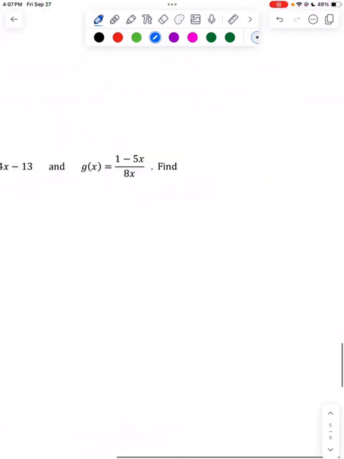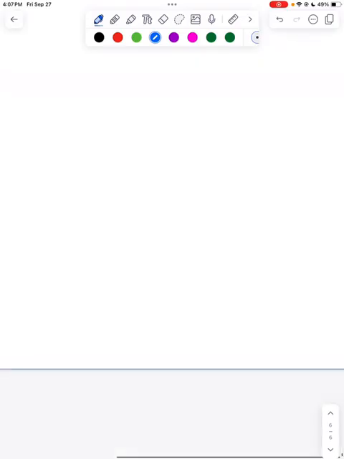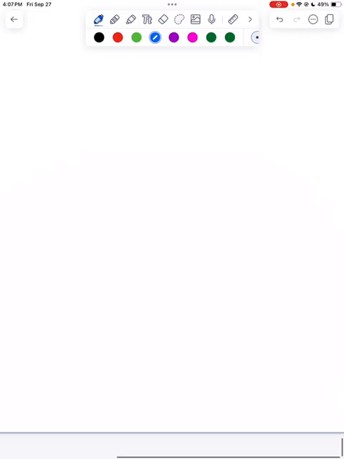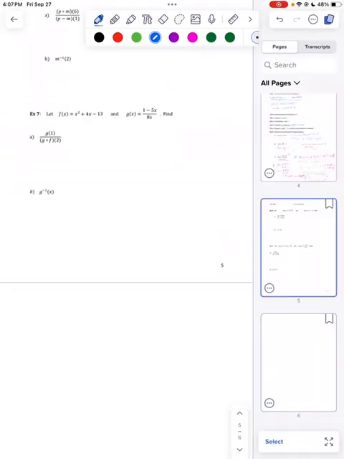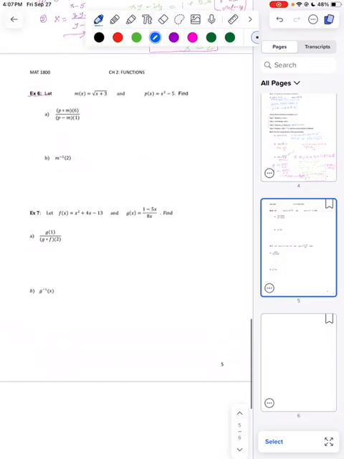So we have the function P and the function M. The question is asking us to find this quantity.